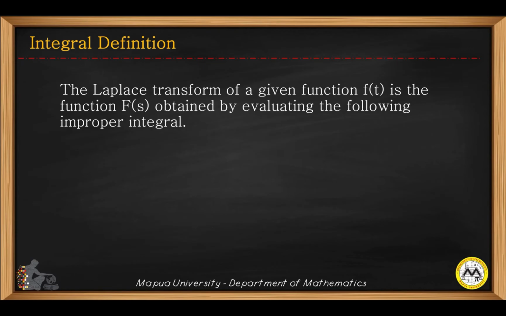Let's have the integral definition of the Laplace transform. So given a function f of t, the Laplace transform, which is a function of s, is obtained by evaluating the following integral operator. So given f of t, we take the Laplace transform. This is the Laplace operator.